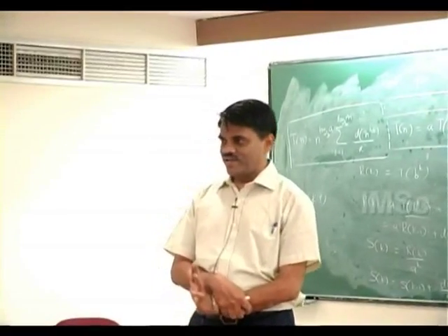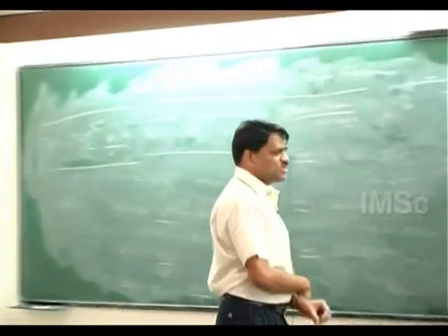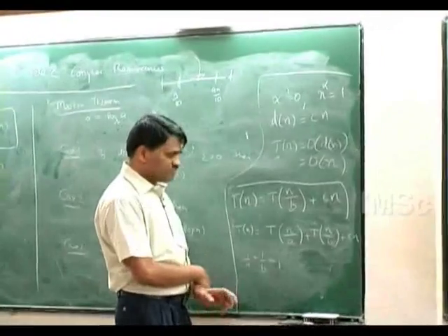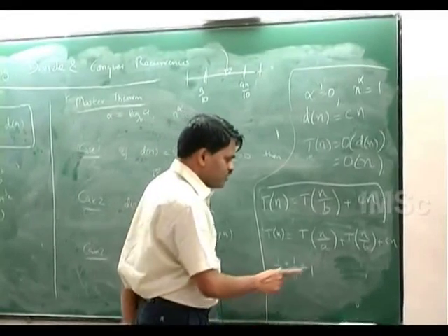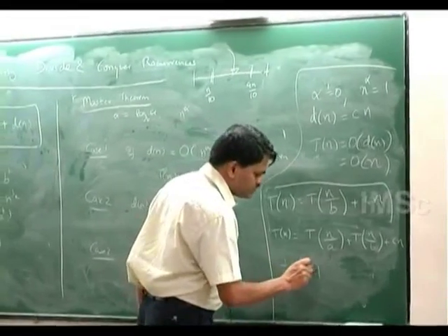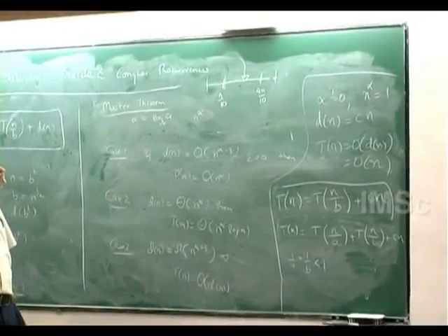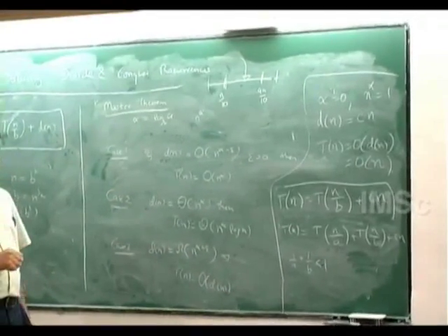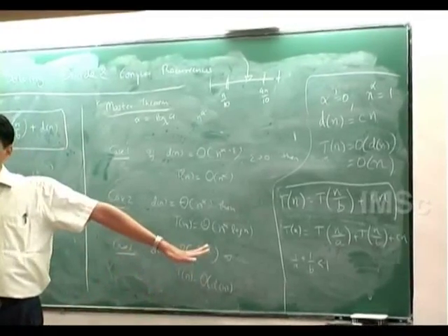That was n log n. So 1 by A plus 1 by B equal to 1 actually gives you n log n. But suppose it's strictly less than 1. Then one can prove that this recurrence solves to linear time.